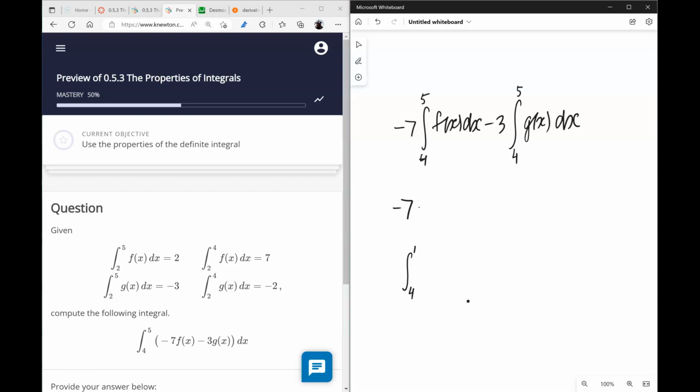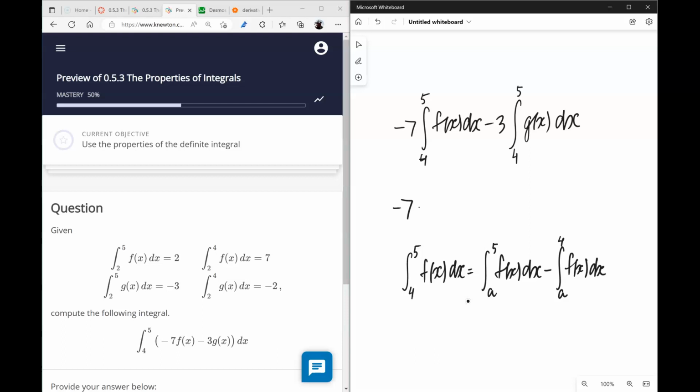Integral from 4 to 5 of any function will be equal to integral from some value to 5 minus integral from that same value to 4. This is called the subdivision property of definite integrals.